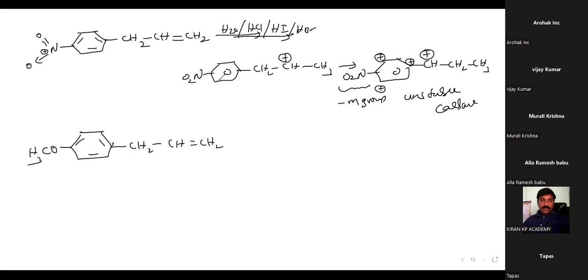Make sure of the point: NO2 is a minus M group. It is an electron withdrawing group. It will destabilize the carbocation if the carbocation is nearby the benzene ring. Therefore, what will happen? The answer will be against the Markovnikov rule. So in this aspect, this bond shifts here.